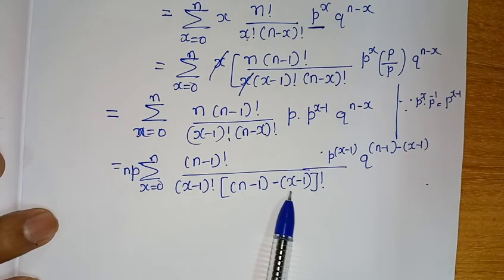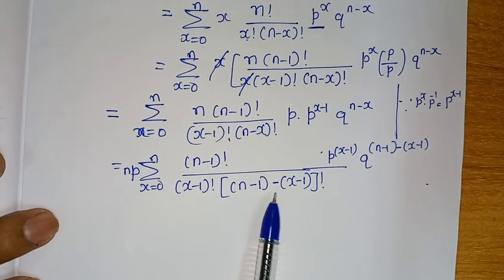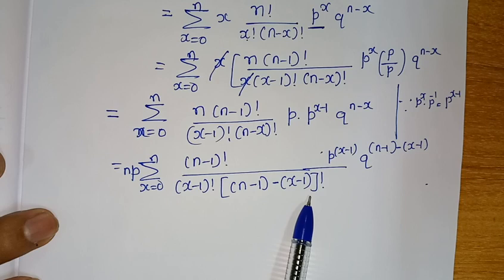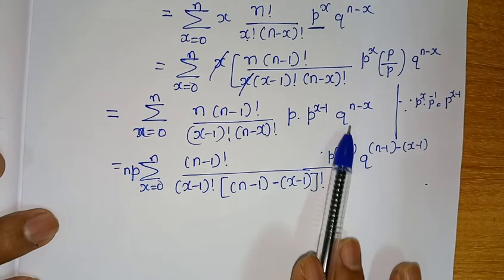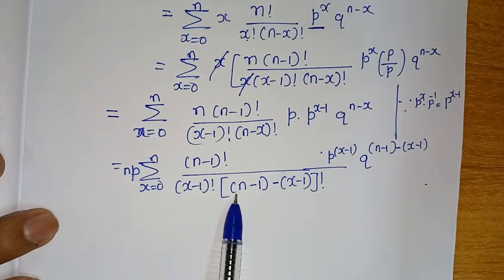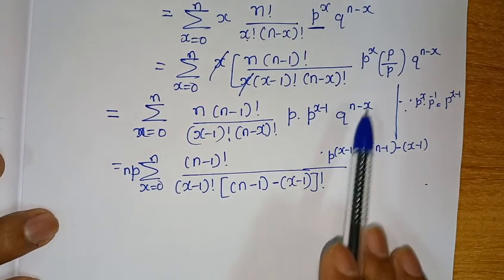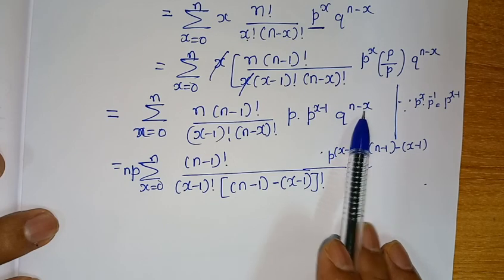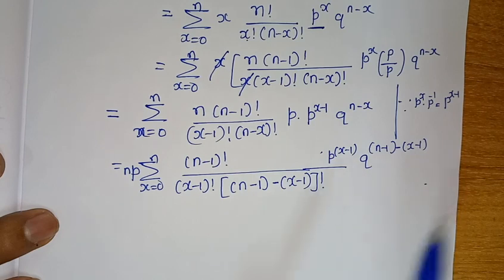In the same way, p power x minus 1 as it is, and this q power n minus x also I have to convert into n minus 1, x minus 1 form. That is the reason here also I added and subtracted 1. So q power n minus 1 minus of x minus 1.